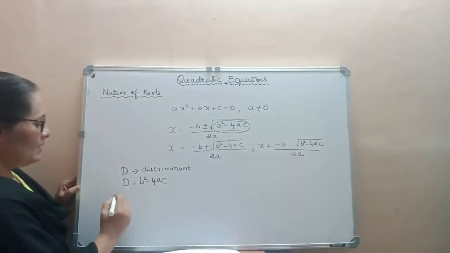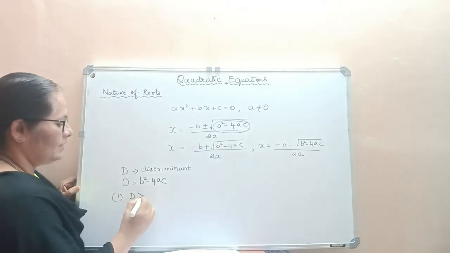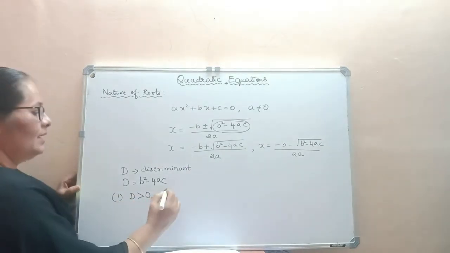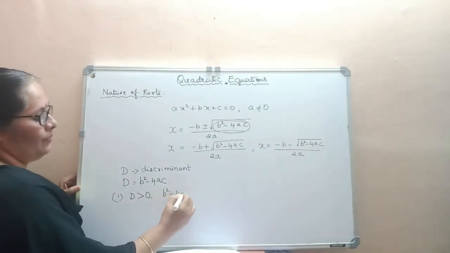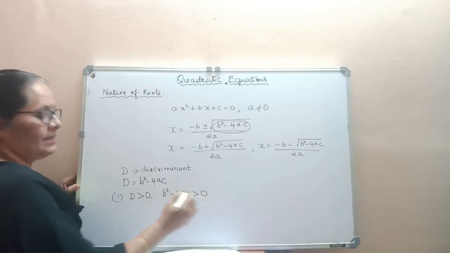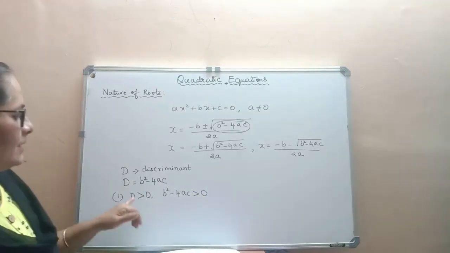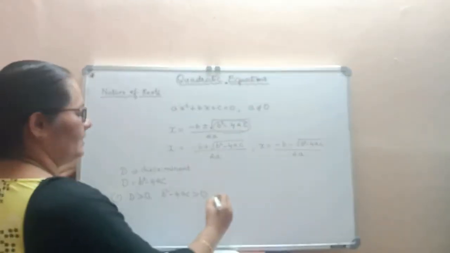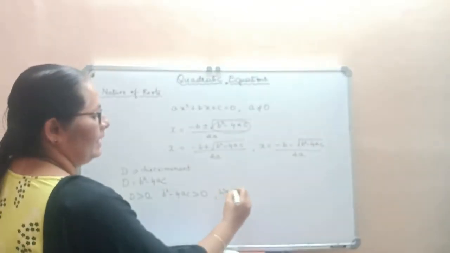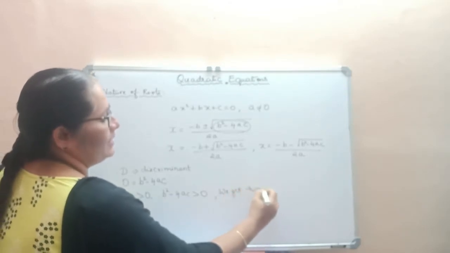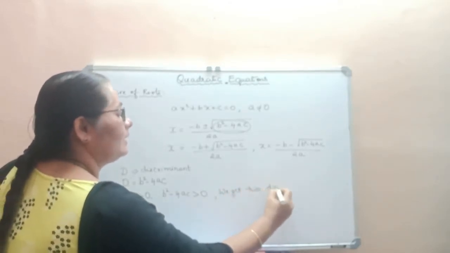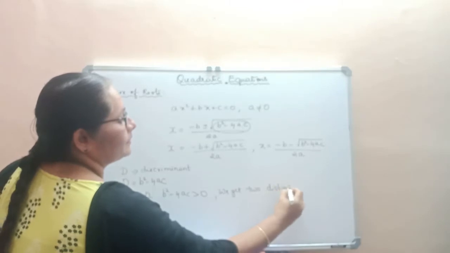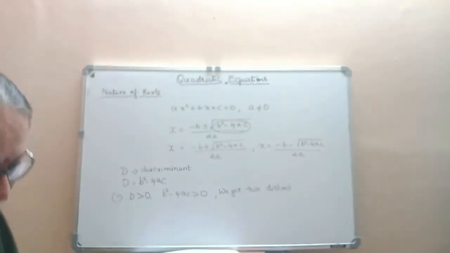When the discriminant is greater than 0, that is b square minus 4ac is greater than 0, then we get two distinct real roots.